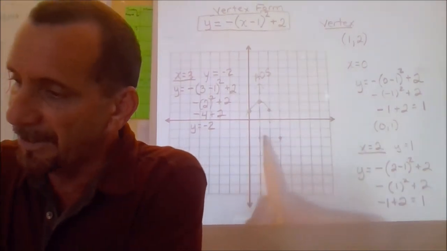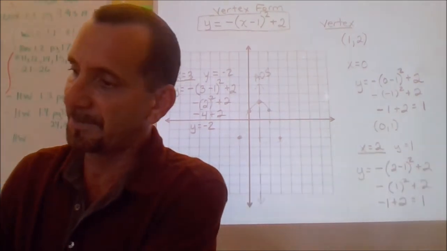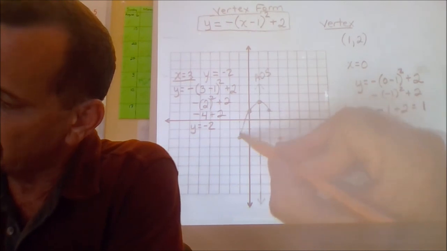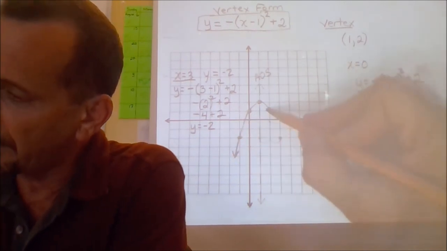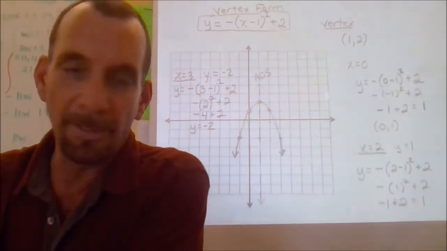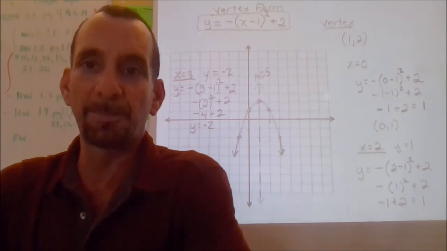And so to get this next point, it's 2 units away from the axis of symmetry. And that looks pretty good. We can start to plot that parabola. It goes to negative infinity in the y direction. And that looks like a pretty good parabola.